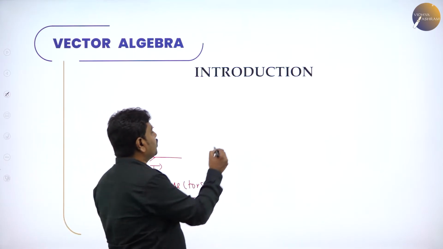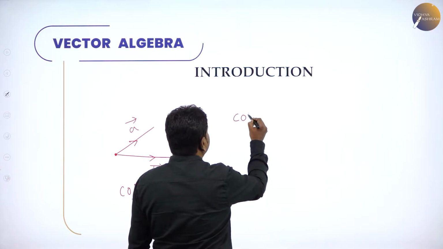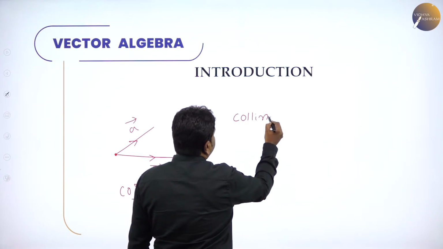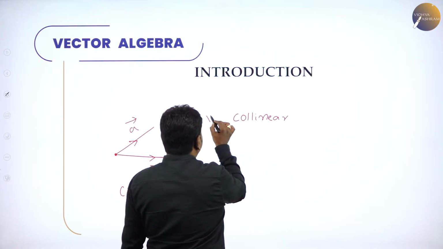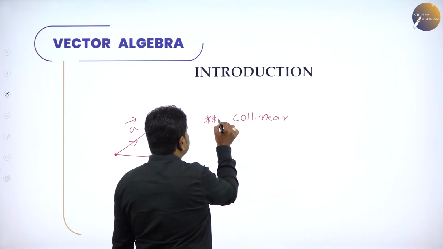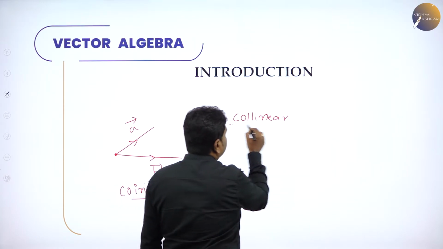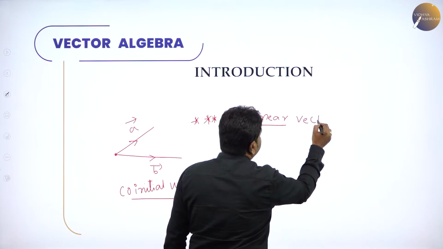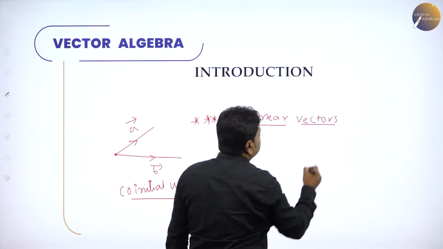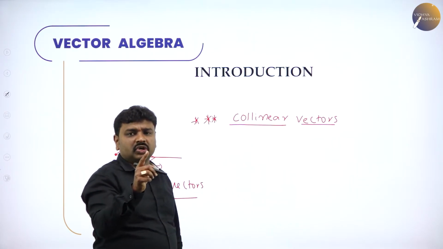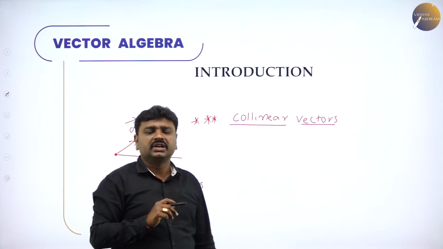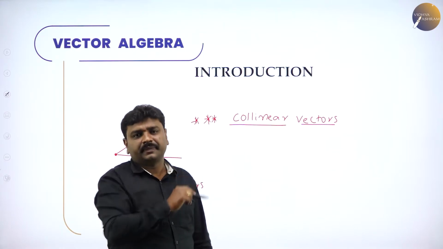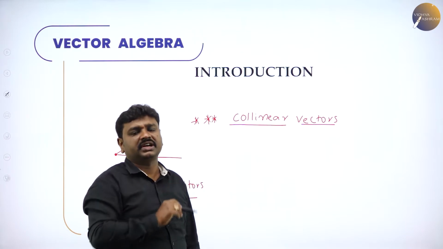And the other important definition is collinear vectors. This is a key concept of the chapter. Many times in your board exam, they'll ask define collinear vectors. Two vectors are said to be collinear if they are parallel to same line, irrespective of magnitude and direction.